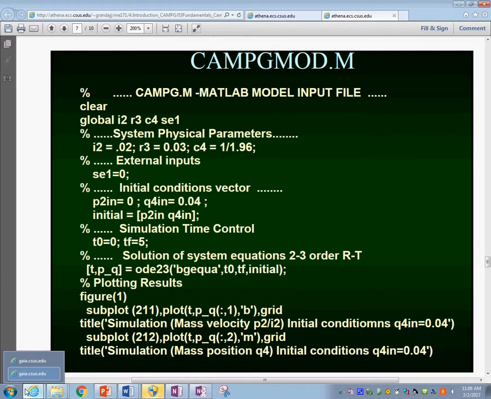This is a view of how the first file, the CAMG mod file, looks like. And then this is the input for MATLAB.